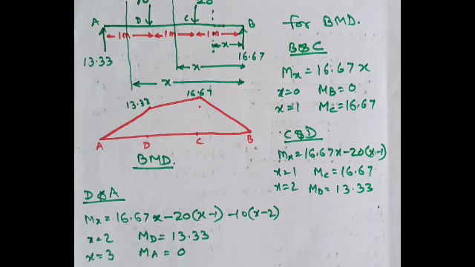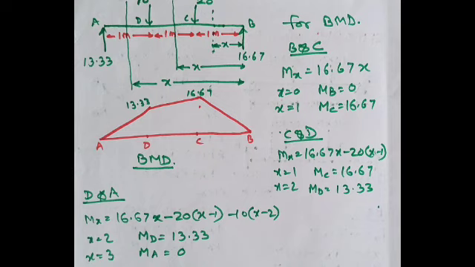Again another section, C and D. Up to this section we have two forces, so two moments will be there. The first moment will be anti-clockwise due to 16.67, and due to 20 we will have the clockwise moment. So the equation will be 16.67 into x minus 20 into the distance. The total distance is x and the distance from C to B is 1, so the distance of 20 up to the section will be x minus 1.